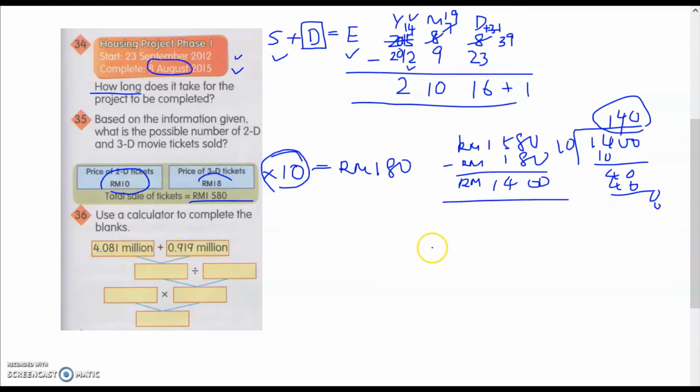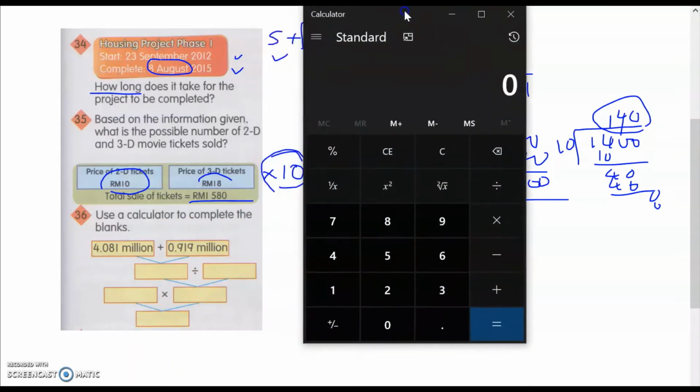Okay, for 36, use a calculator to complete the blanks. Okay, let's pull out our calculator. 4.081 million plus 0.919 million.